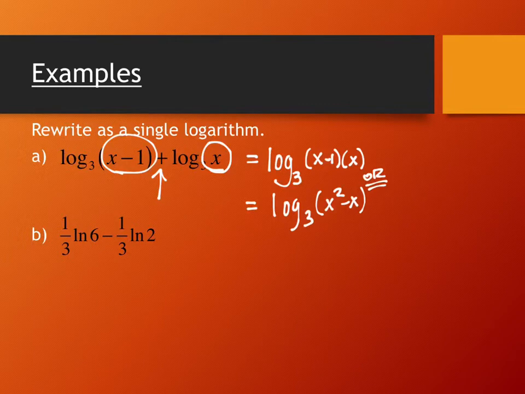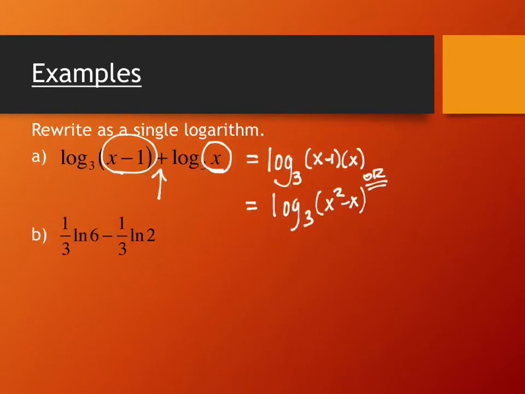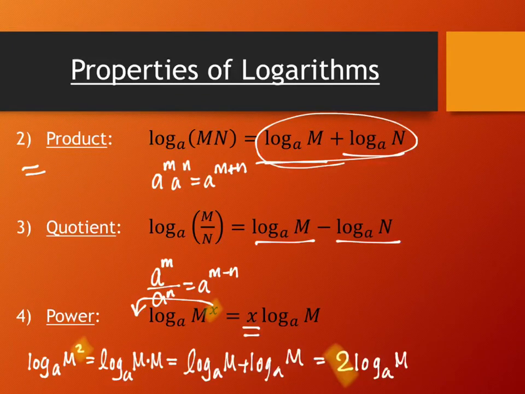Part B, I have coefficients in front. And the reason that I mention the coefficients, even though the directions didn't say anything about eliminating coefficients, is that properties 2 and 3 here only work when the coefficients are 1. I can't just have any random coefficient and have this work. The coefficients for properties 2 and 3 have to be 1, which means if I don't have coefficients of 1, which I don't on problem B here, I have to use property 3 to make it so that I do.